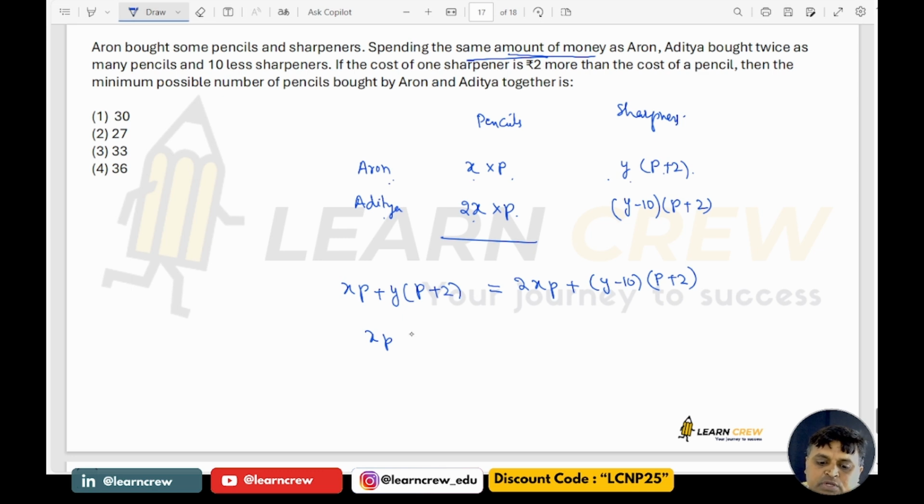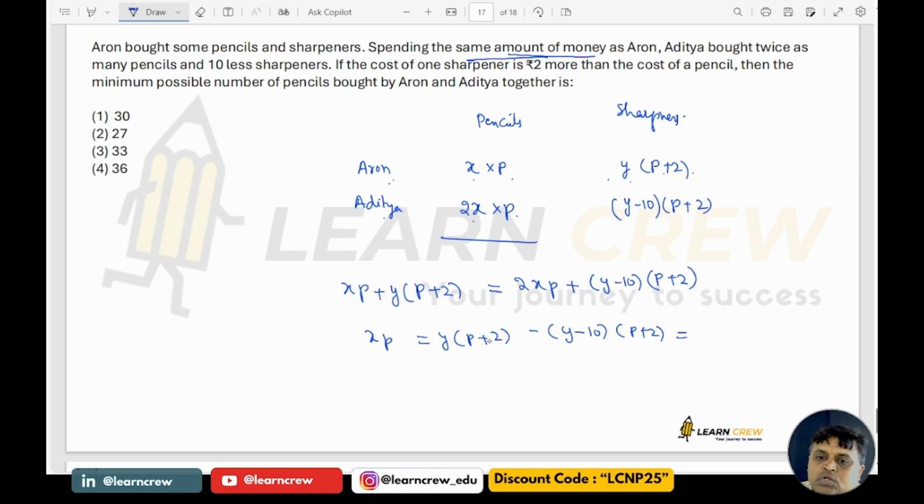Now XP is equal to Y into P plus 2 minus Y minus 10 into P plus 2. If you simplify this, YP cancels, YP cancels.